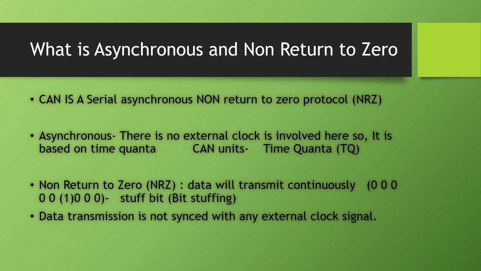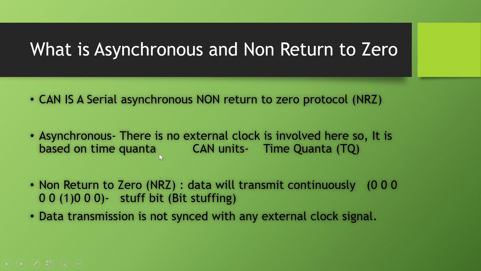What is asynchronous and non-return to zero? I said CAN is an asynchronous serial communication protocol, right? So I am explaining what is asynchronous and what is non-return to zero. Today I will explain these two and end this session. CAN is a serial asynchronous non-return to zero protocol. Asynchronous means there is no external clock signal involved here, so it is based upon time quanta.